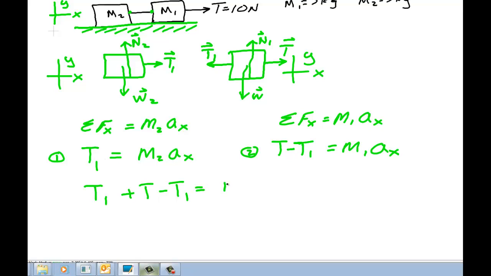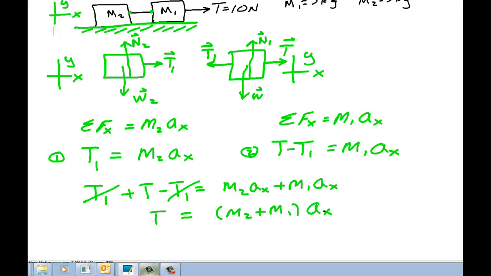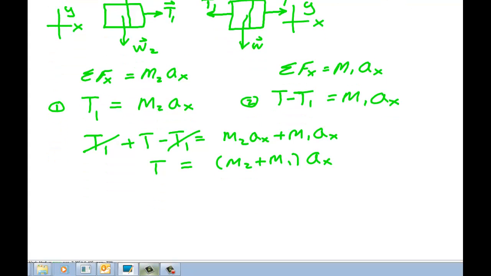And on the other side, I got M2 AX plus M1 AX. Notice the T1's cancel. I can factor out an AX: T equals M2 plus M1 times AX. And this is exactly the same equation that I had previously for my single block.